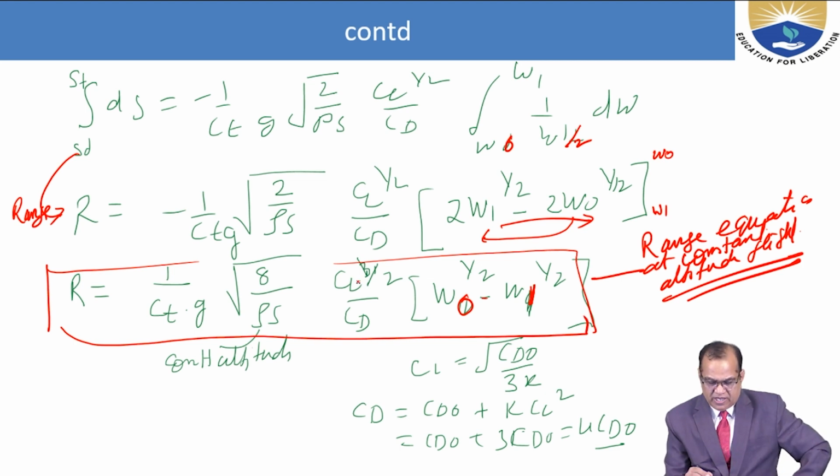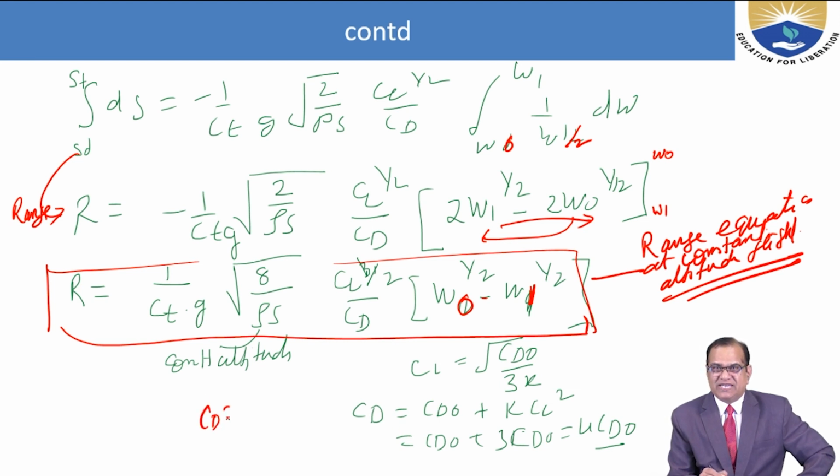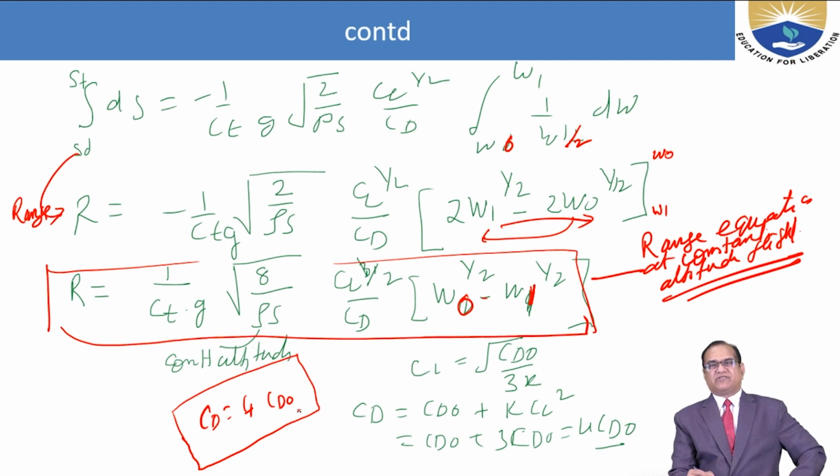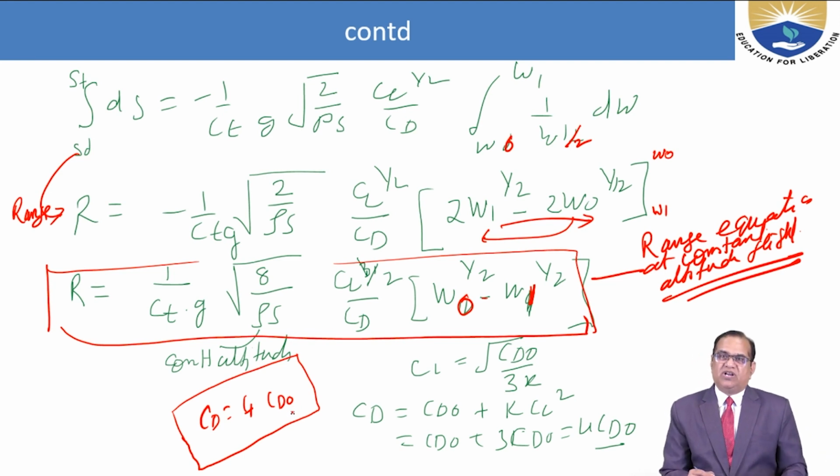So here we have the relationship between CL and CD. So CL is equal to under root CD naught by 3K. We can write CD is equal to CD naught plus K CL square. So here CL square is equal to 3 CD naught. So here total CD will be 4 CD naught. So for this condition, your CD should be 4 times the zero lift drag.